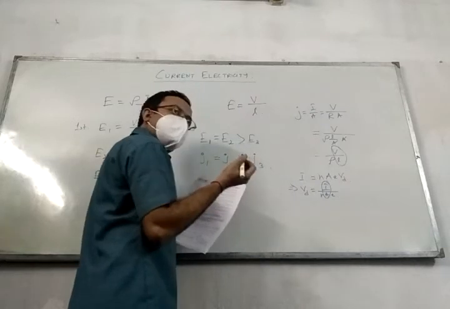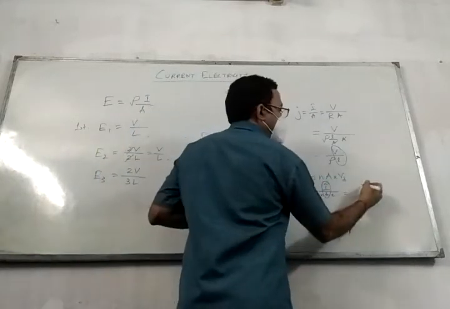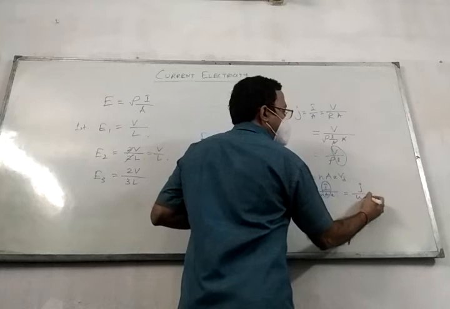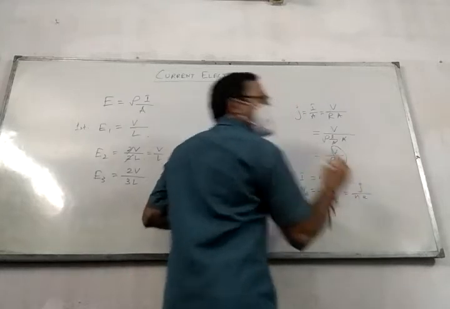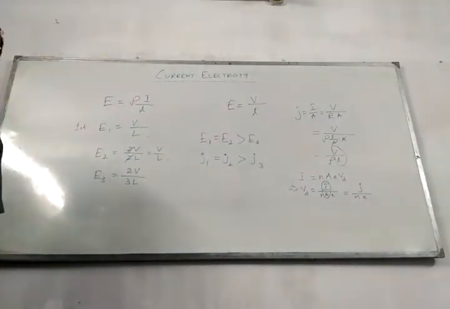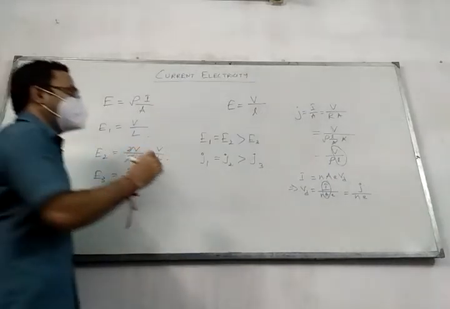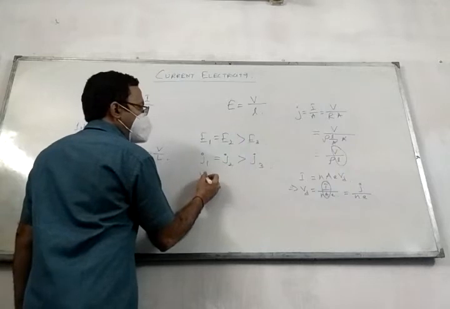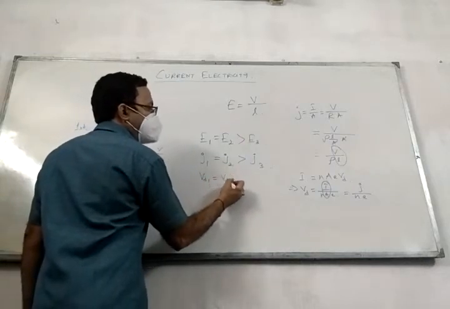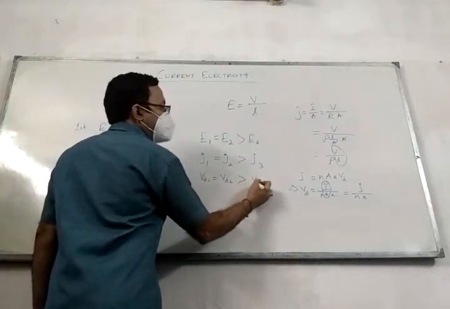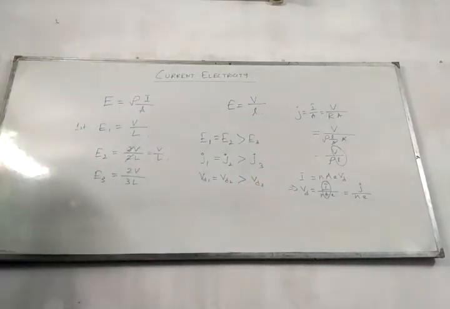J, current density J. Then it will be equal to J by N into E. Now N is the number of electrons per unit volume that is constant and E is the charge of one electron that is also constant. তার মানে এখানে VD1 is equal to VD2 is greater than VD3.